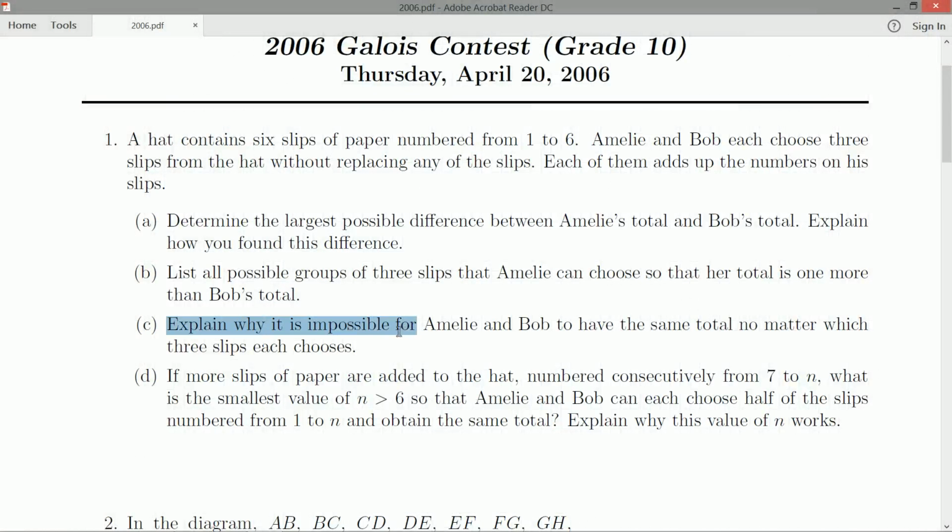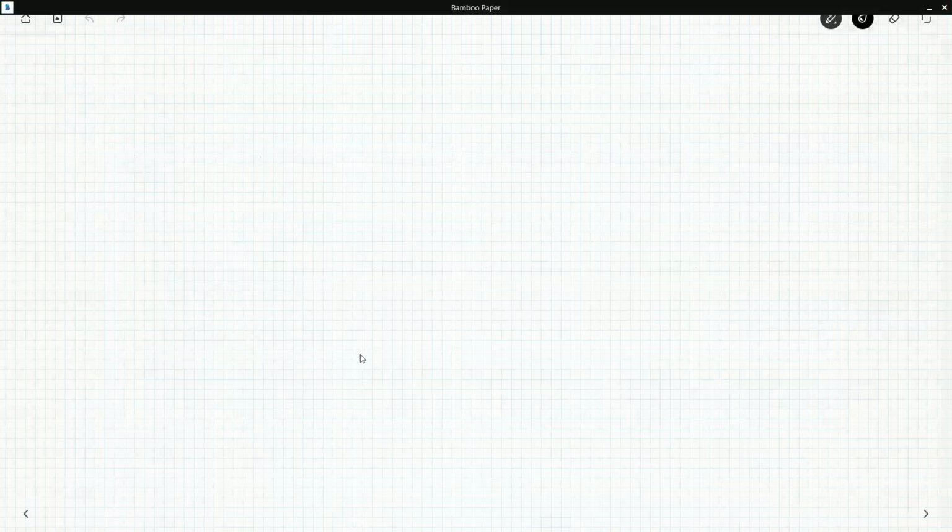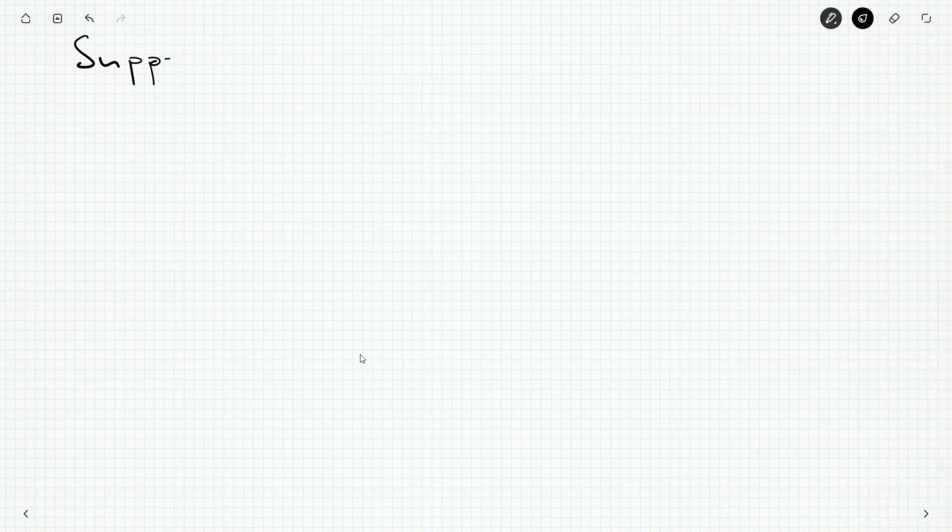Explain why it is impossible for Amelie and Bob to have the same total no matter which 3 slips they choose. Well, hey, that's sort of an argument in B. I'm going to say, suppose it were possible.